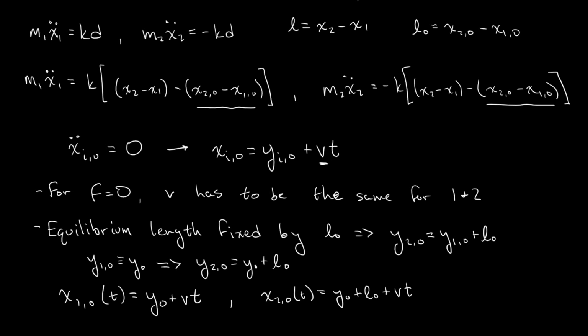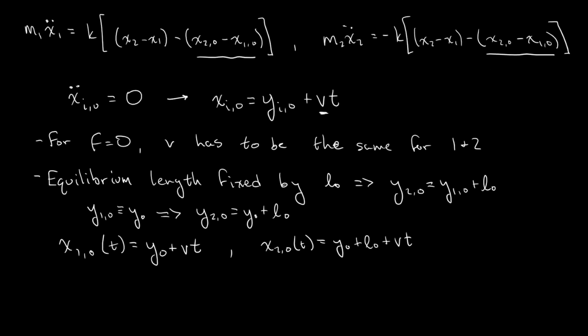Okay, so this seems like a whole lot of work and not a whole lot of solving the system. But there is a reason why I want to do this, and it's so that I can make some definition. You can see that in each of these equations, I can always pair up x1 with x1,0 and x2 with x2,0, so they always show up as x1 minus x1,0 and x2 minus x2,0.